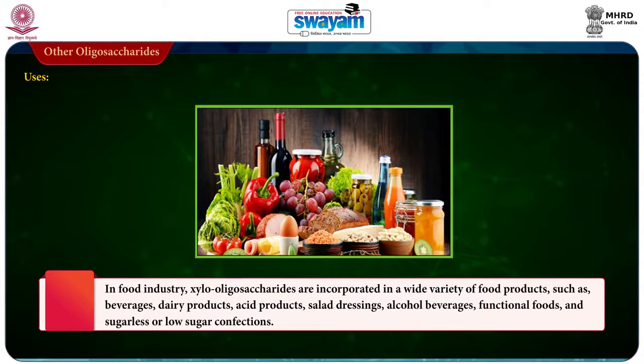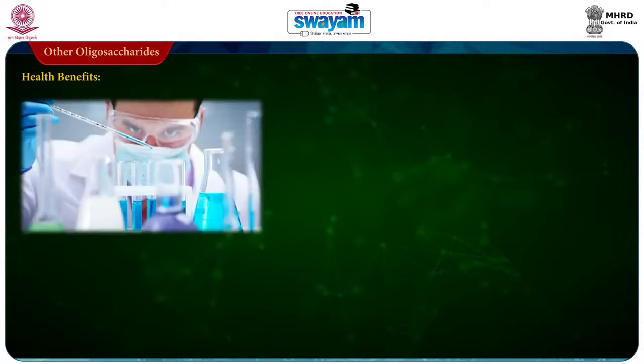In the food industry, xylo-oligosaccharides are incorporated in a wide variety of food products such as beverages, dairy products, acid products, salad dressings, alcoholic beverages, functional foods and sugarless or low sugar confectioneries. Let us understand its health benefits.